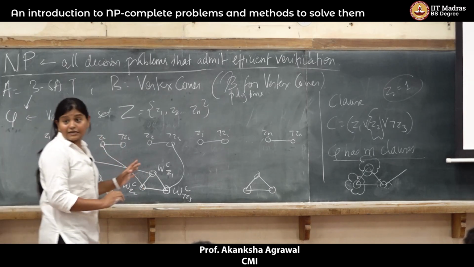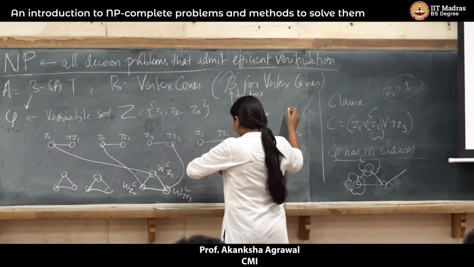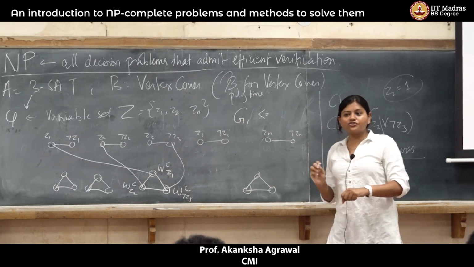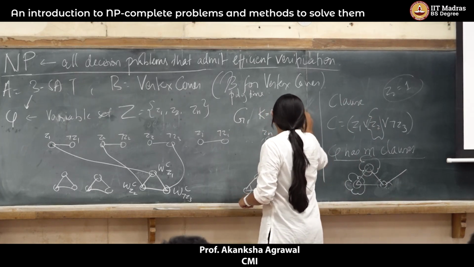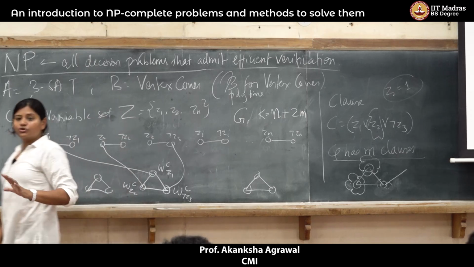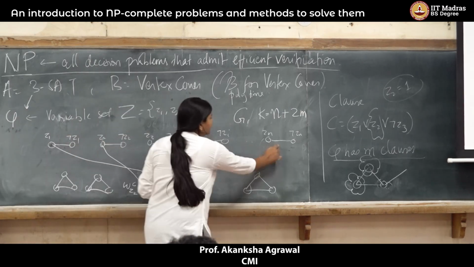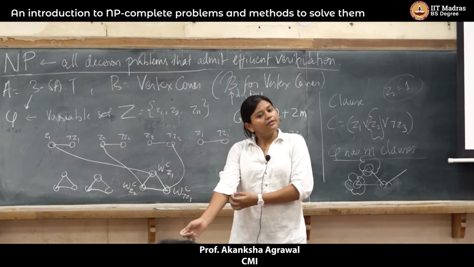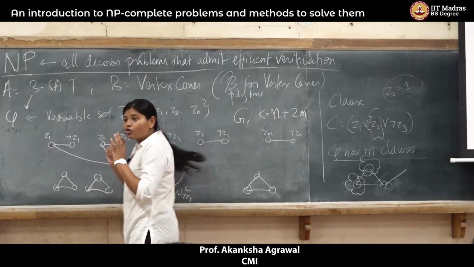Okay, so that's the construction of your graph G, and I set the number K to be, any guesses what I should set? So note that I am setting the budget too tight. N, I need to select one from each of these edges that I inserted for the variable literals, 2 for each of these triangles, and that's all I allow.